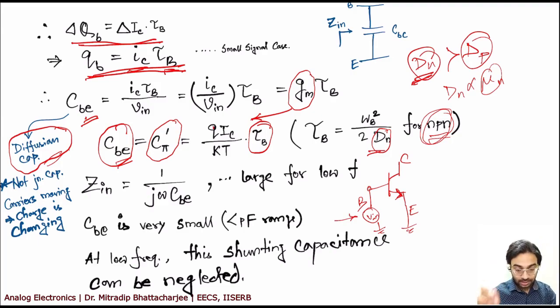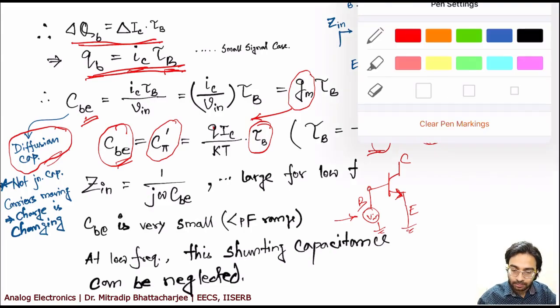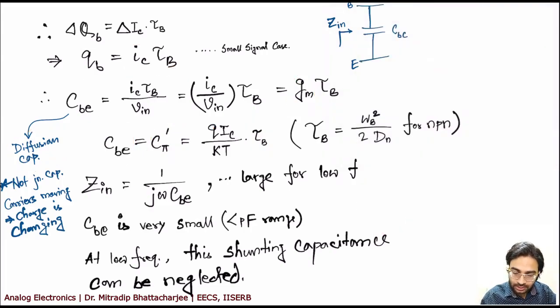Now from the circuit part, if you look at this, let me clean the board. Okay. Now if you look at this, you'll find that between base and emitter there is a capacitance CBE. There are other capacitances also. Along with this CBE diffusion capacitance, you'll find the junction capacitance is also there, but for the time being I am considering only CBE.